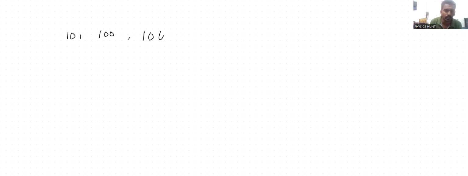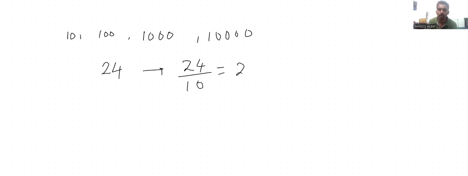Suppose let us consider 24, one number. Now when you divide 24 by 10, then it will become 2.4. So 10 means 1 decimal place will come. Same 24 if you divide by 100, so 1, 2, so 0.24. So after the decimal, 2 digits will be there.